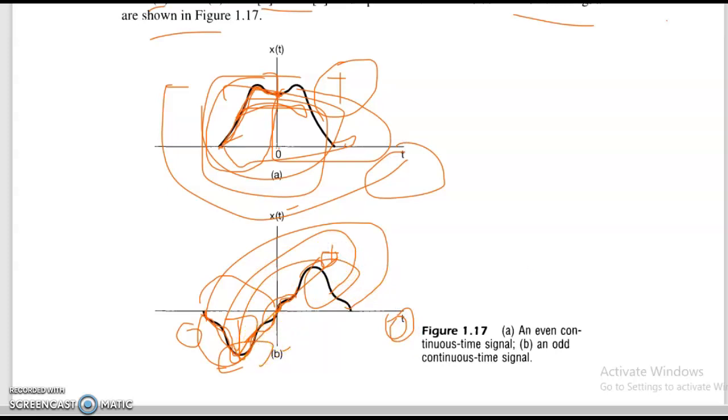But here it is entirely different. That's why there is a problem here. Here it is totally negative, here totally positive. Here it is totally positive only, but the amplitude differs. Here also it is the same.